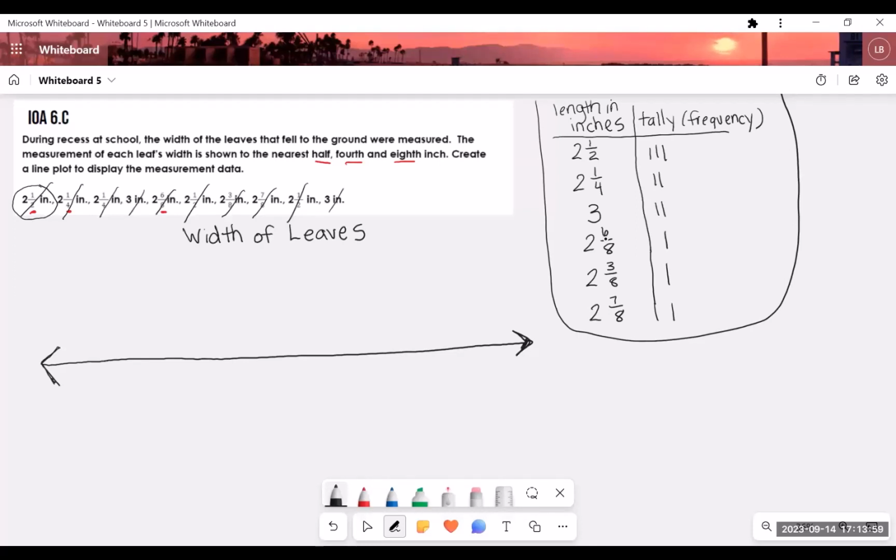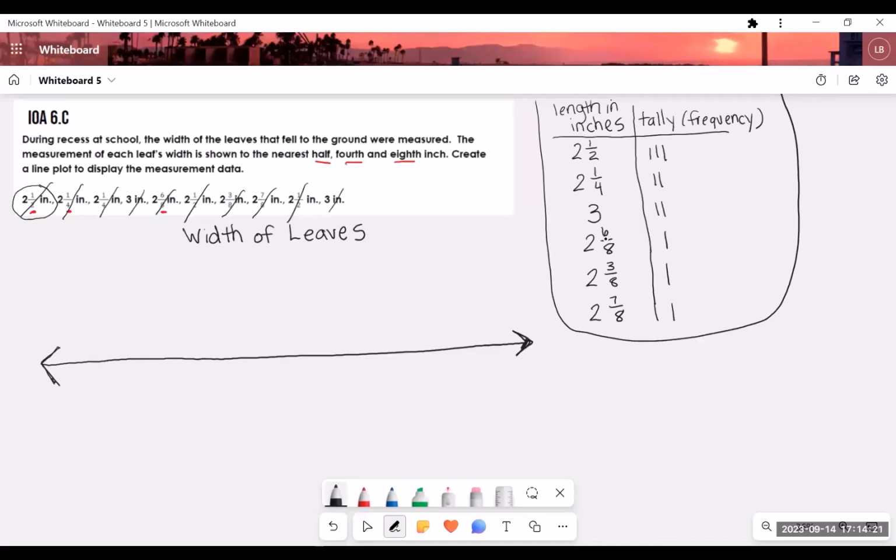And then I'm going to think about the numbers that I'm going to place on my open number line. When I look back over the data in my tally table here, I see that none of the measurements were below 2 inches. And I see that the largest measurement was 3 inches.